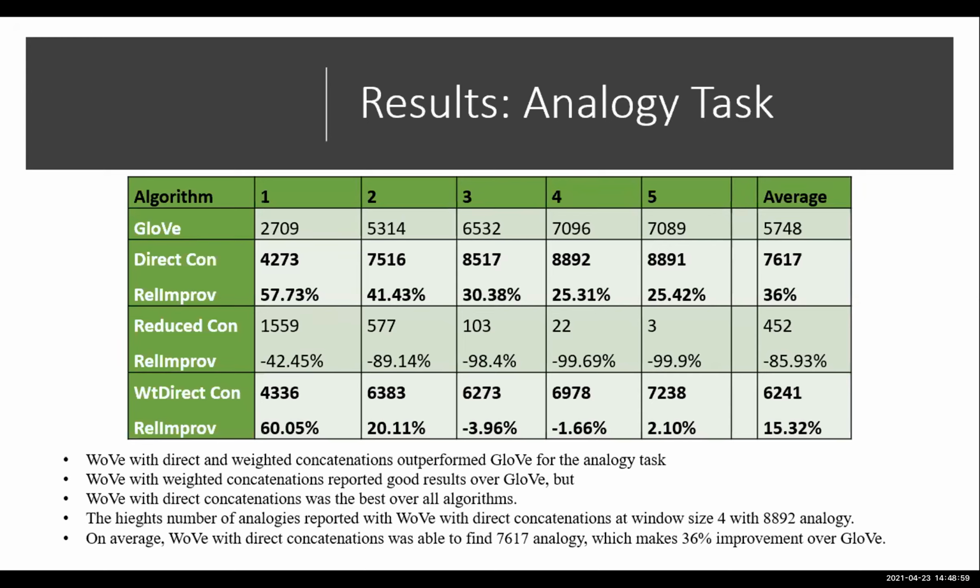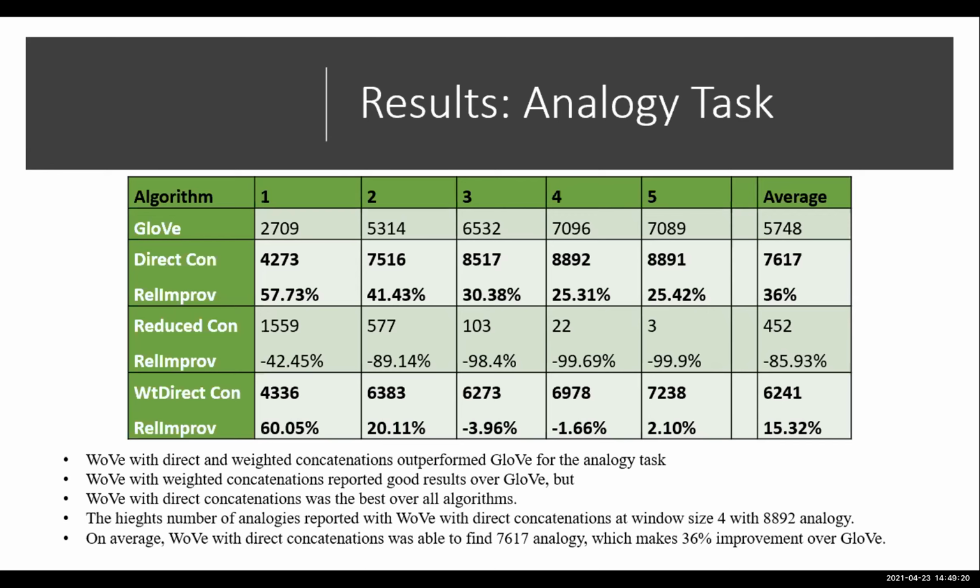But the best one is the direct concatenation, which shows on average 36% relative improvement over the baseline, while the weighted direct one shows 15%.